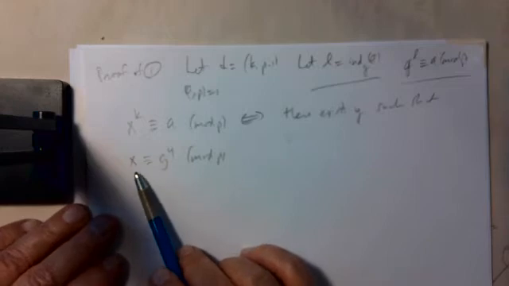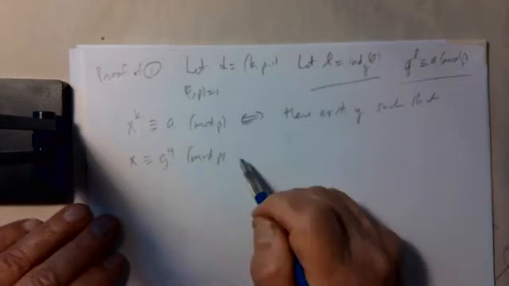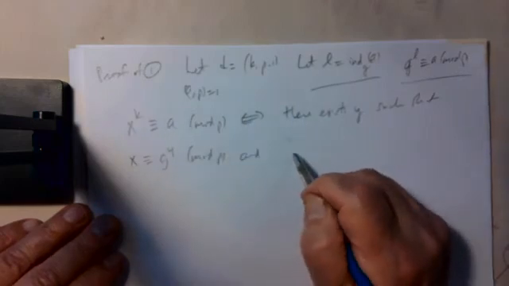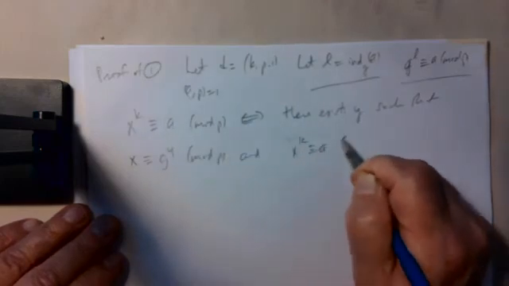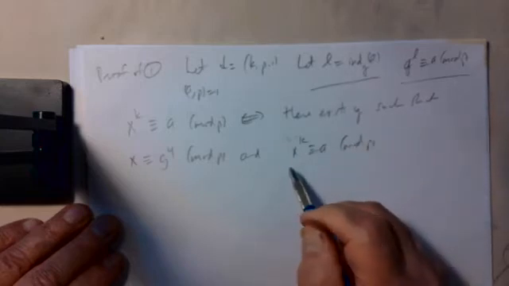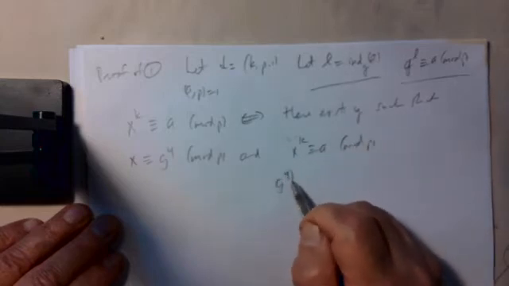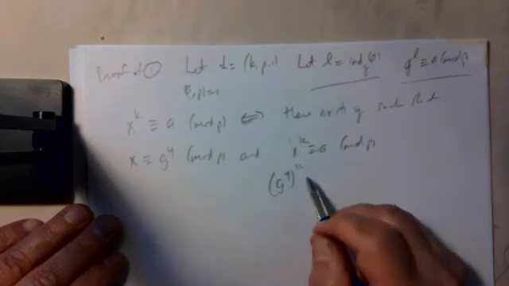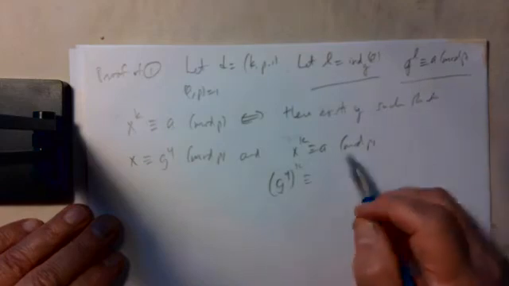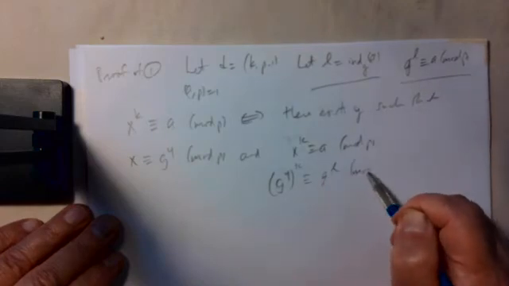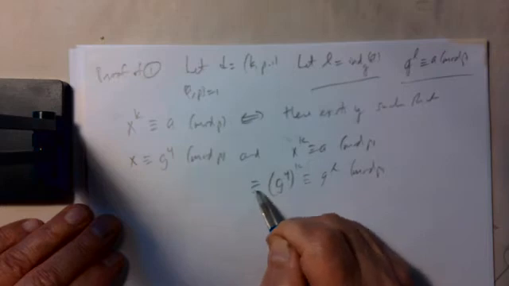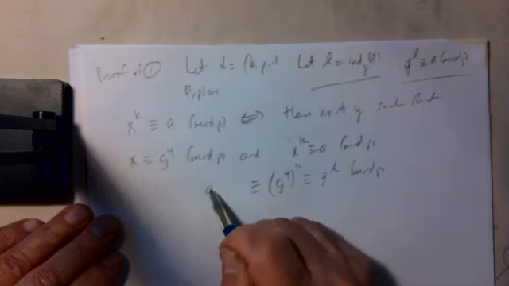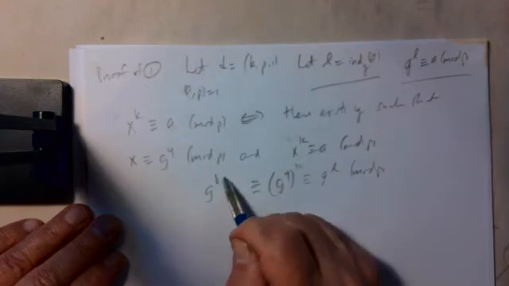Every number relatively prime to p is a power of g, and x to the k congruent to a mod p is the same as g to the y to the k, because x is g to the y, congruent to a, which is g to the L mod p. G to the y to the power k is g to the k times y.